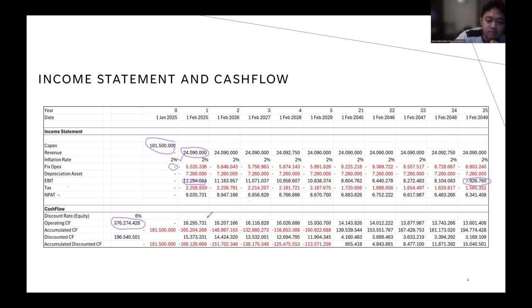At the first year we have 16.2 million dollars, and then we have a discounted cash flow here, which is lower because it has already been discounted, at 169 96.5 million. And at the first year, the discounted cash flow is 15.3 million US dollars.